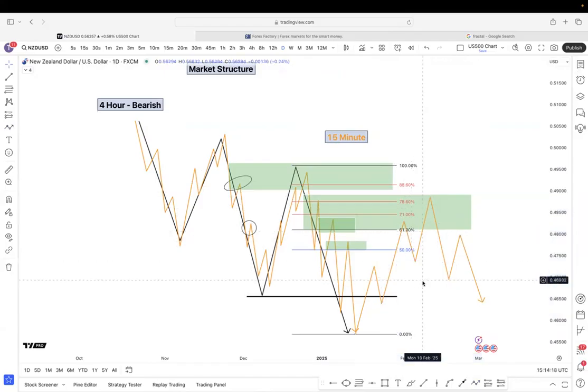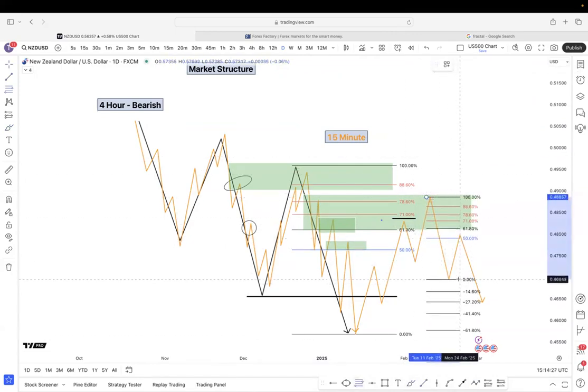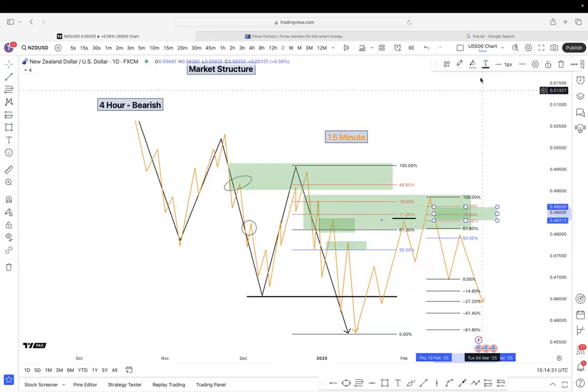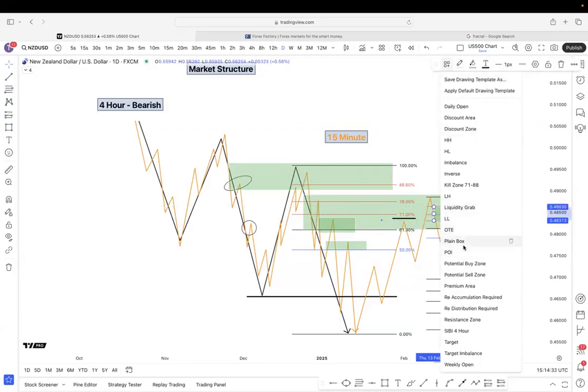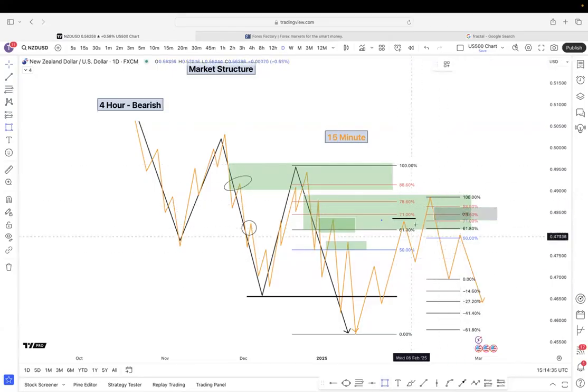And inside this area, once again, I am looking to measure the optimal liquidity grab. I'm looking to measure my dealing range. I'm looking to find my kill zone for setups. I'm looking to try and identify some form of order block or area of inefficiency, anything like that, where I can hope that price would come into, and then I can obviously look to target the next level of lower time frame liquidity.